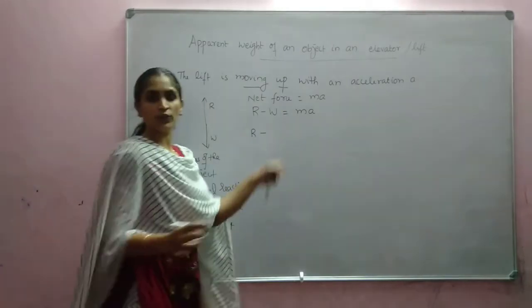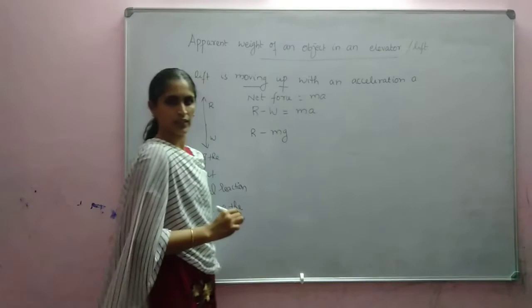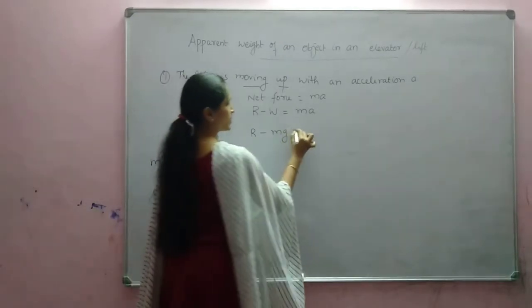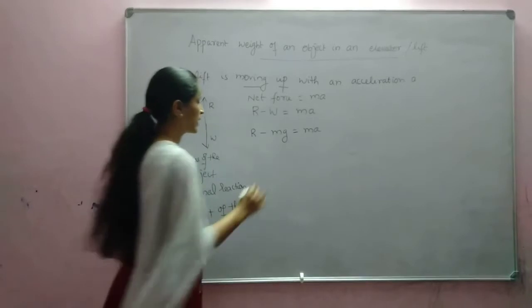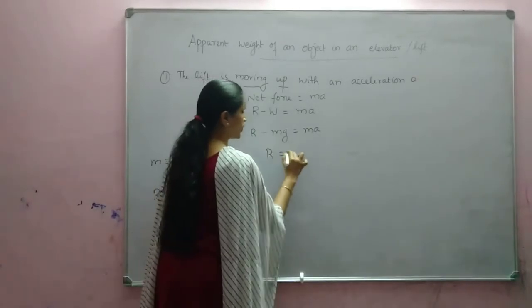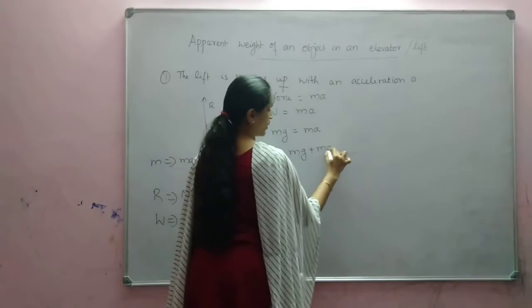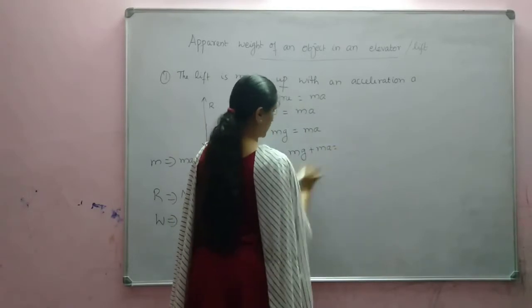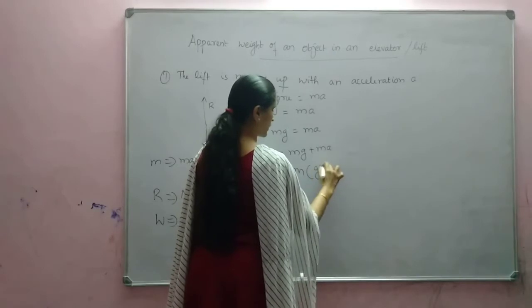So instead of W, we can write mass into acceleration due to gravity. So R minus mg is equal to ma, or we can write R is equal to mg plus ma, or R is equal to m into g plus a.